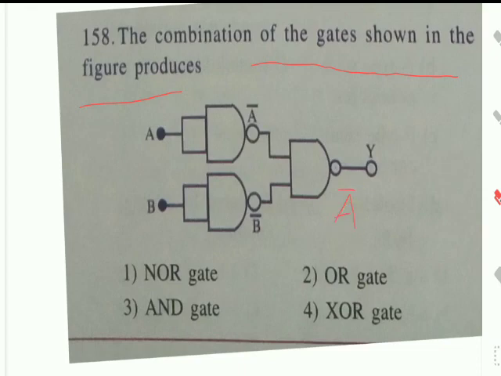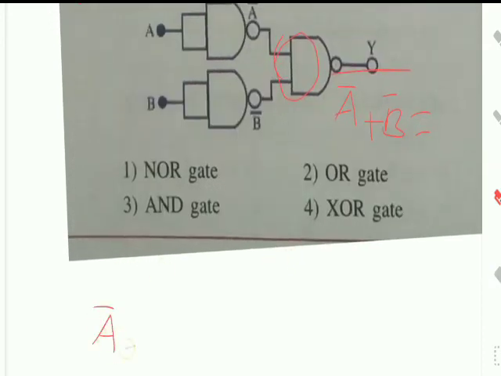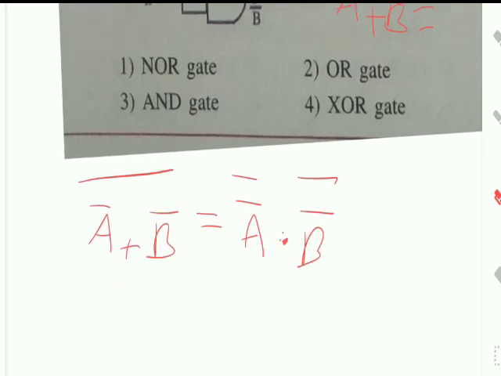A complement, this is a NAND gate, so B complement whole complement is equal to A complement and B complement whole complement, A complement, AND gate, sorry, OR gate, or B complement is equal to A or B. Nothing but it is an OR gate. Answer is OR gate.